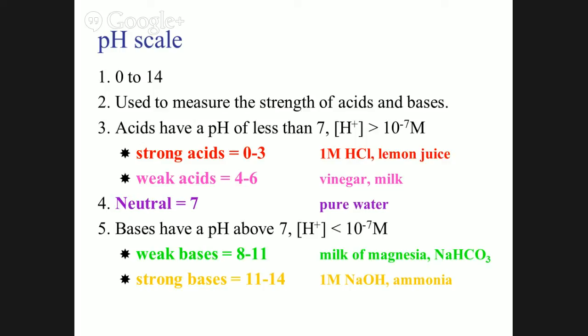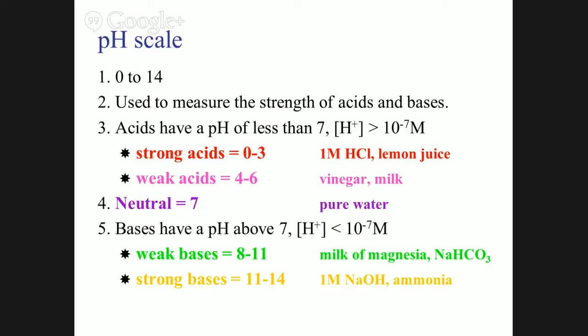Milk of magnesia for upset stomachs, counteracting the acids in your stomach. Yes. It's possible, but this is the majority of everything. Ammonia, bleach, those are in the strong type base categories.